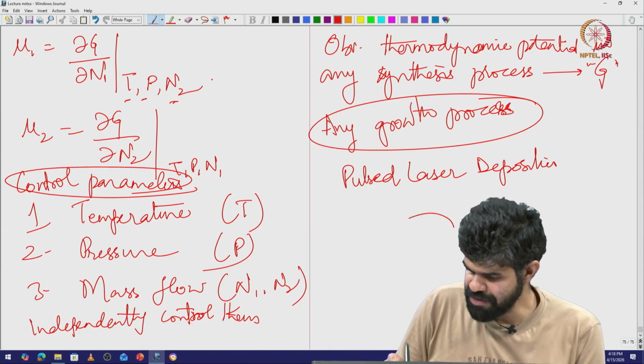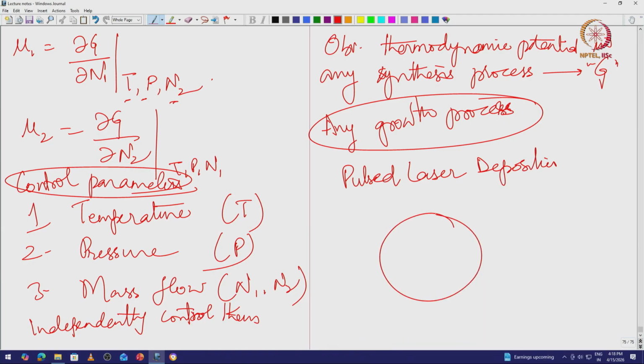I have a vacuum chamber, and I maintain this vacuum chamber. In it I have some assembly where I put what is called the target. This is for thin film deposition. Then I have some kind of a heater, and on this heater I put my substrate.